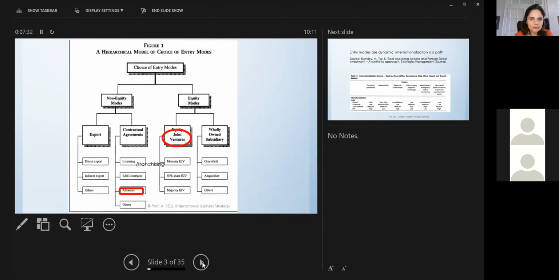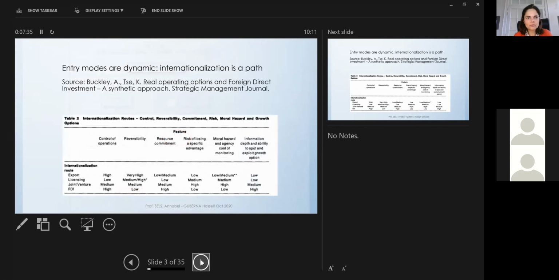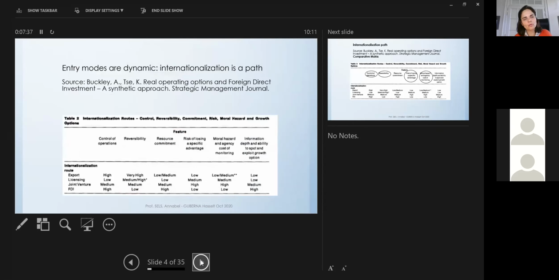What you could also do, and that is also a possibility put forward by Adrian Buckley, it's not Peter Buckley, who is also well known in international business, but Adrian Buckley, he published an article called Real Options on Foreign Direct Investment in the SMJ, Strategic Management Journal.